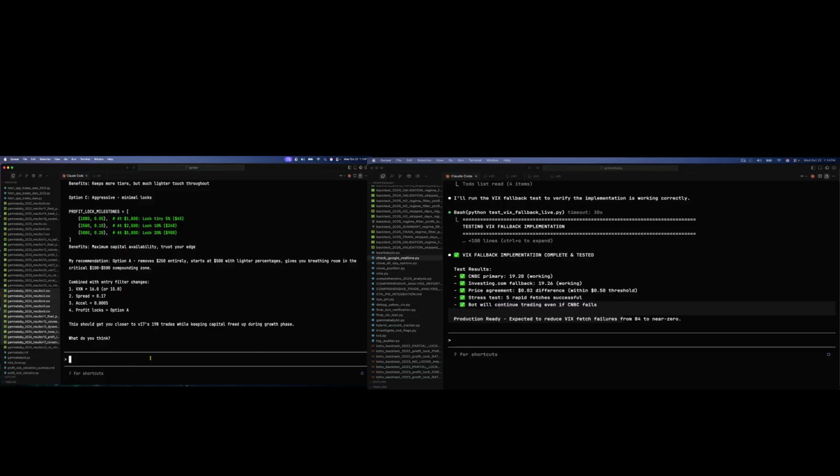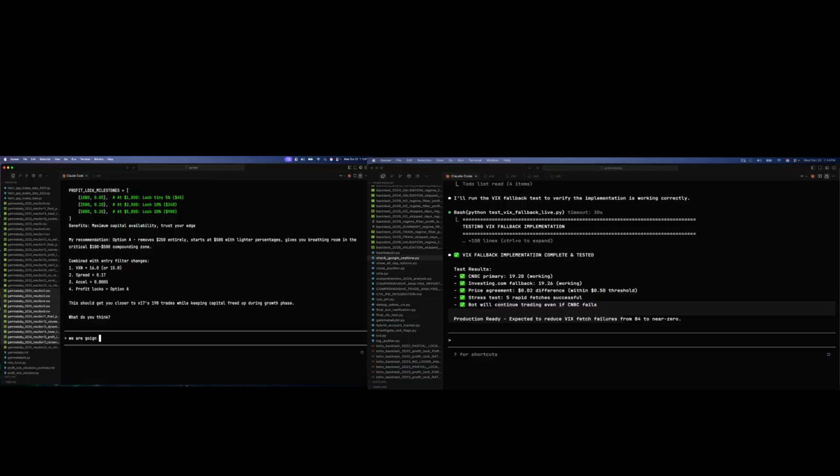So we are going with 15 VXN and keep the spreads the same, and use the exit at 0.0005, and Option A profit locks so we can keep up as well.